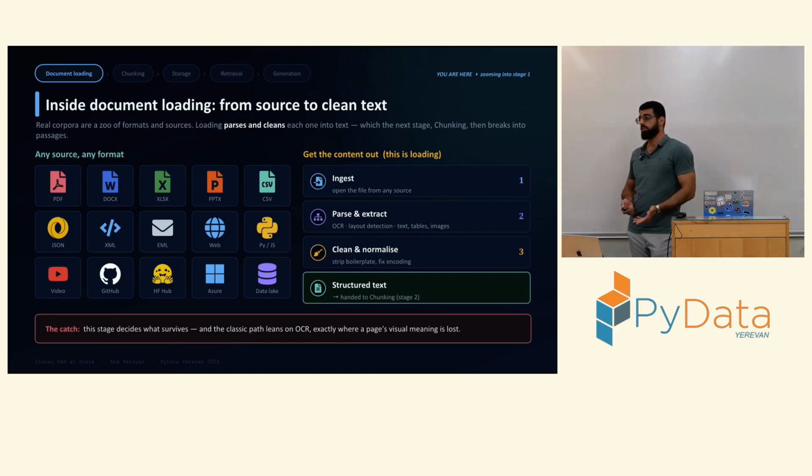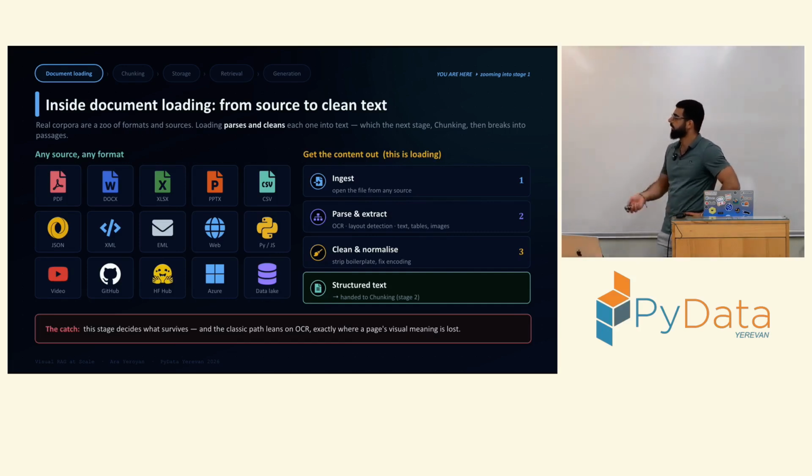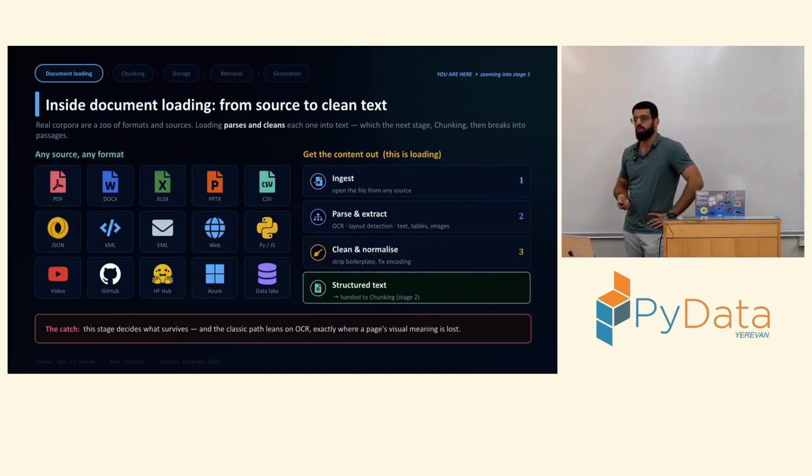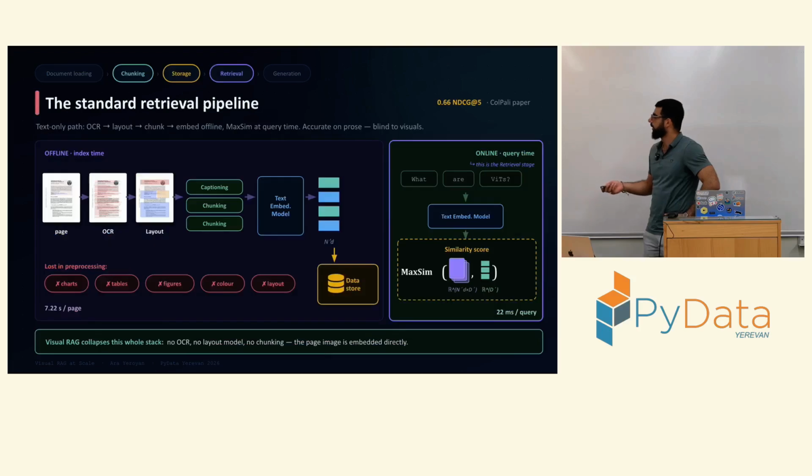Especially with financial reports, dashboards, any kind of charts, it's very difficult to process them before your application is ready. So this is the bottleneck that regular RAG systems usually face. That's why in today's talk we will explore visual RAG, and we will talk about that a bit later. So a bit of a recap on regular RAG.